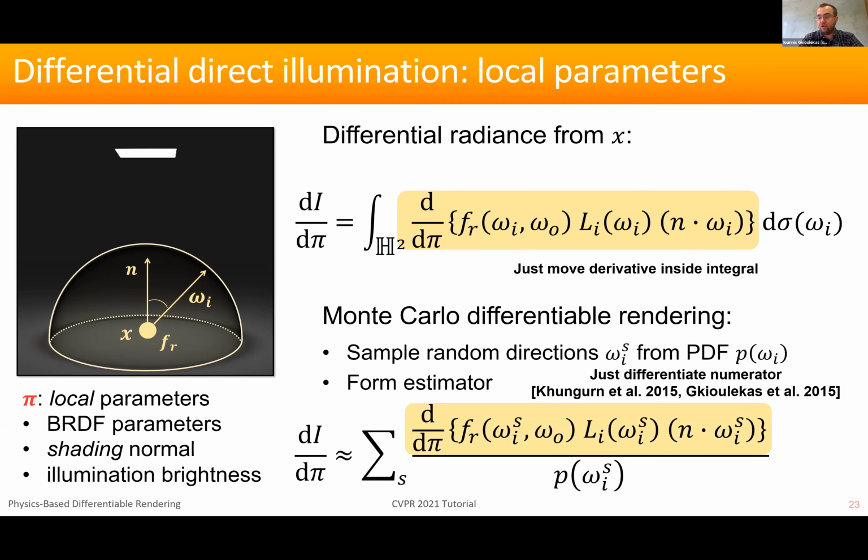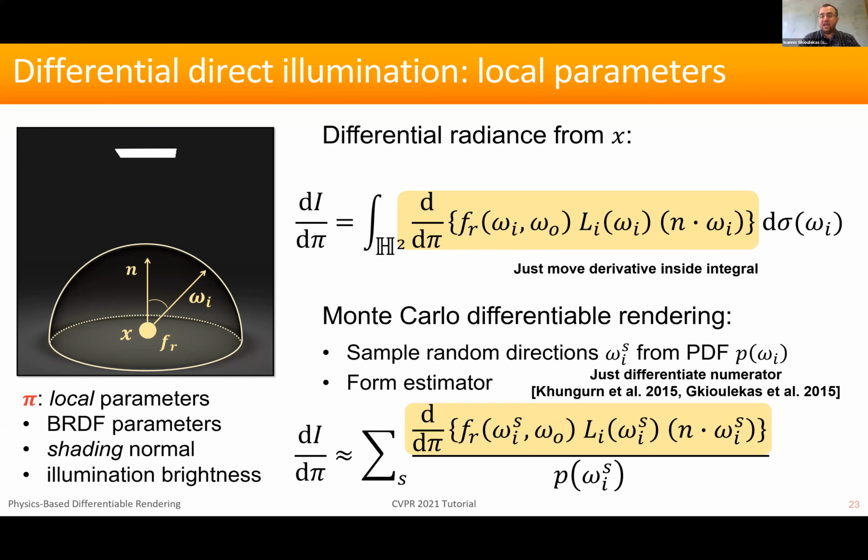And correspondingly, since we have an integral, we can now do Monte Carlo differentiable rendering for this integral, meaning that we'll simply sample random directions omega I from some PDF, which may as well be the same PDF we use to do forward direct illumination rendering, and then form an estimator that takes exactly the same form as before, except that we differentiate the numerator.